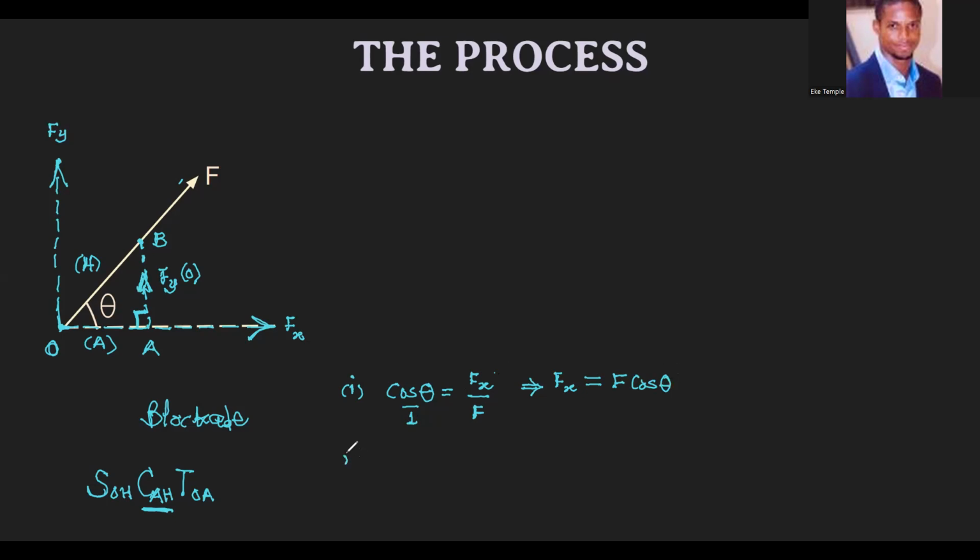In a similar manner, I can have the sine of the angle, sine theta. In sine, we have opposite divided by hypotenuse. The opposite, of course, is F sub y. So F sub y divided by the hypotenuse, which is F. And the same way we did it in the first case, we can cross multiply right away and generate F sub y times 1, that is F sub y, and it's equal to F times sine theta, that is F sine theta.